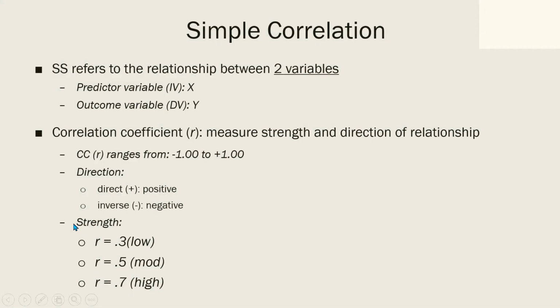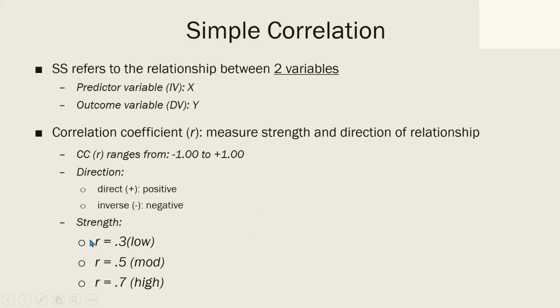So as Dr. Michelle was saying, we have the direction, but we also need to look at the strength of the variables. So just like we look specifically at the signs to decide the direction, we need to look at the actual number to decide how strong the relationship is between those variables.